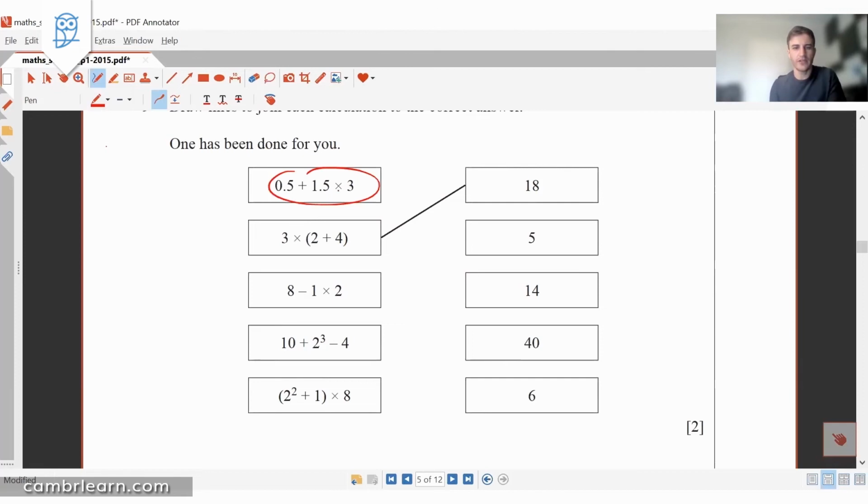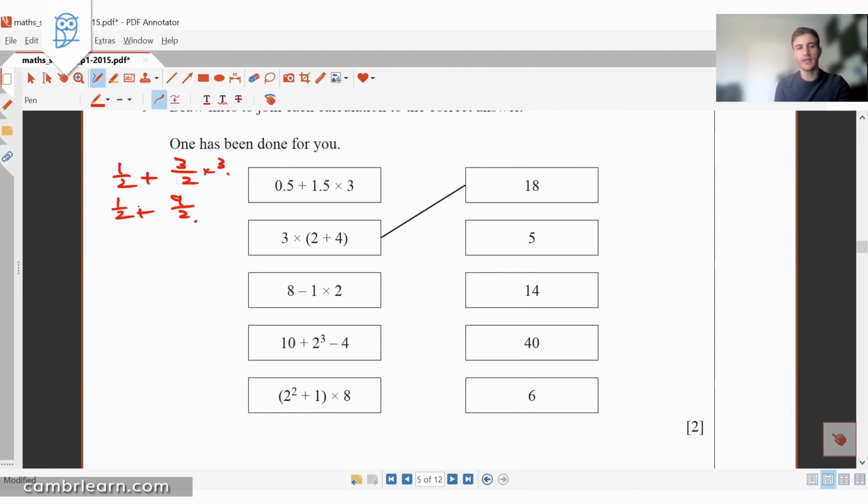Let's do the first one. We have 0.5 plus 1.5 times 3. If we convert this to fractions, this will be a half plus 1.5, which is 3 over 2, times 3. So this will be a half plus 9 over 2.